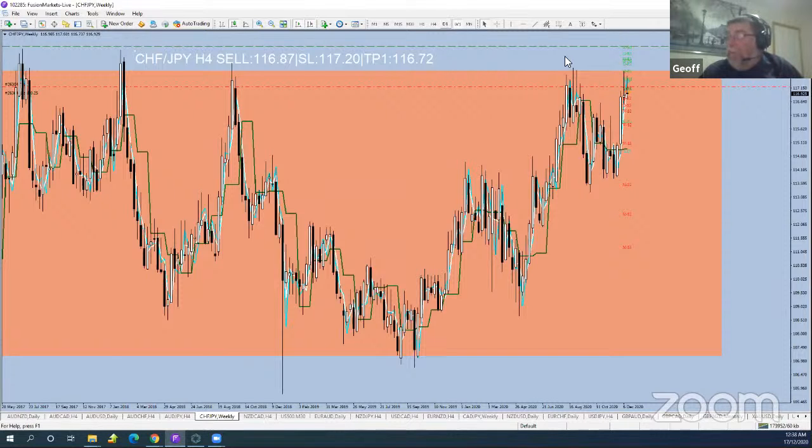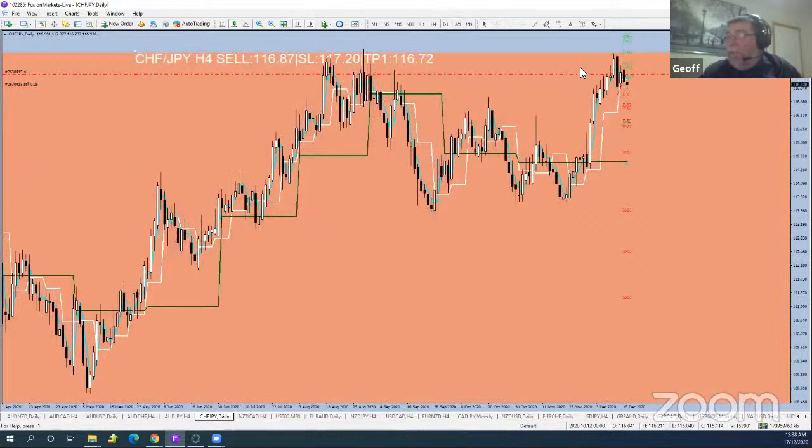And we got another one on the daily, again coming off resistance, and even better, showing as a potential lower high. So that's why I'm looking very much to trade this short. Now, when I look at a lower high, I'm looking for a white bar, right? I'm not looking for a black bar.